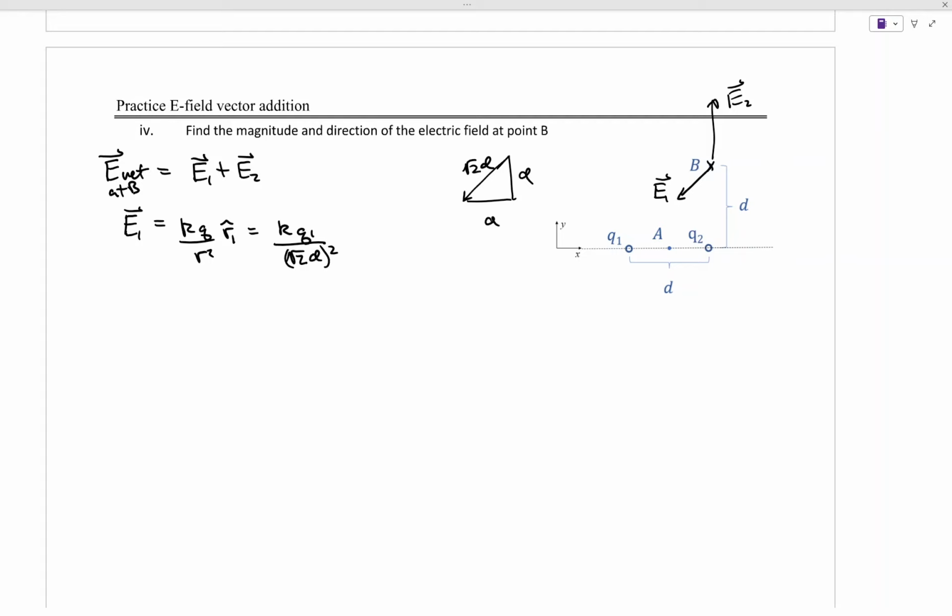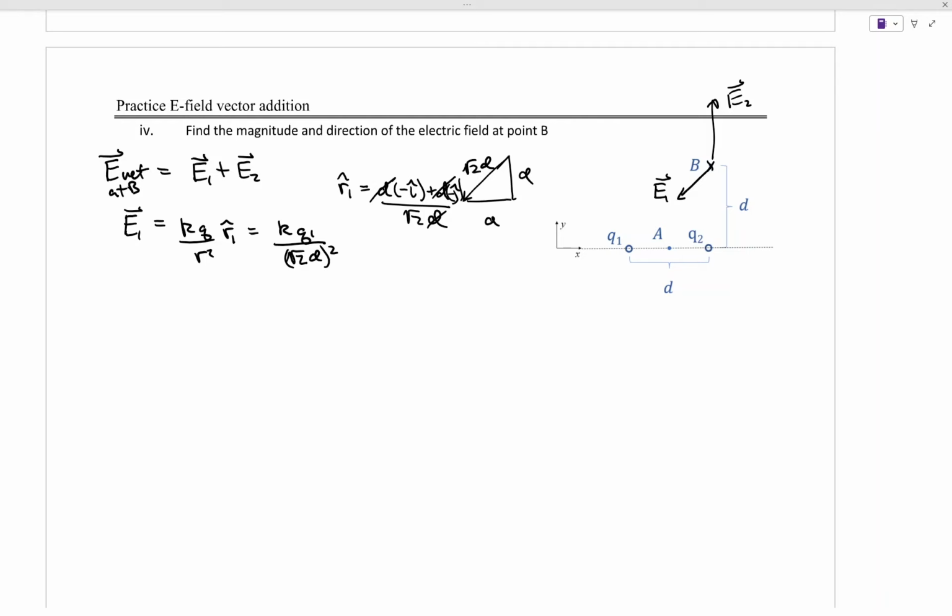And so what is R1? Well, R1 hat would be R1, which is D in the negative I hat plus D in the negative J hat, divided by root 2 times D. And so we can cancel out that factor of D that appears everywhere.